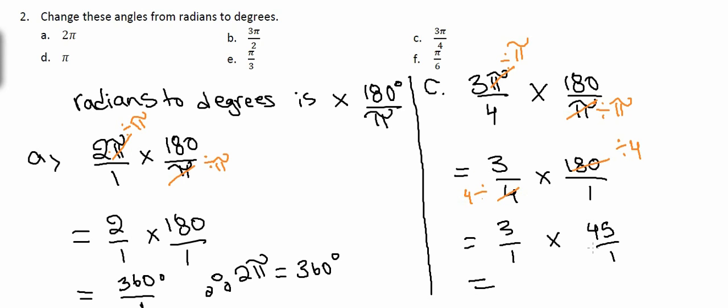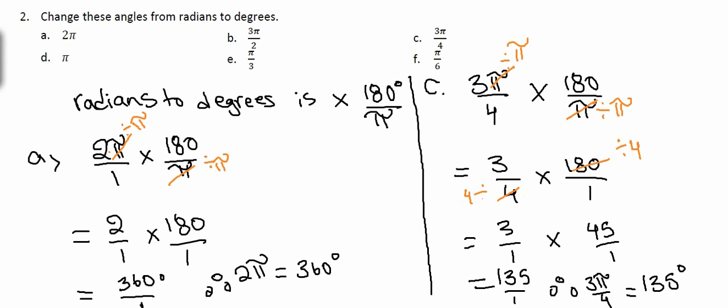And that brings me to 3 times 45, which is 135 over 1. So therefore, 3 pi over 4 is equal to 135 degrees.